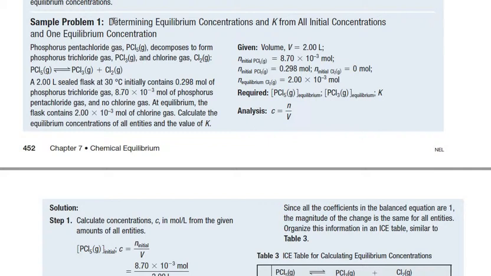At equilibrium, the flask contains 2 times 10 to the power of negative 3 moles of chlorine gas. Calculate the equilibrium concentrations of all entities and the value of K. So what is given? We have the volume, the initial number of moles of PCl5, the initial concentration of PCl3, and the equilibrium concentration of Cl2.